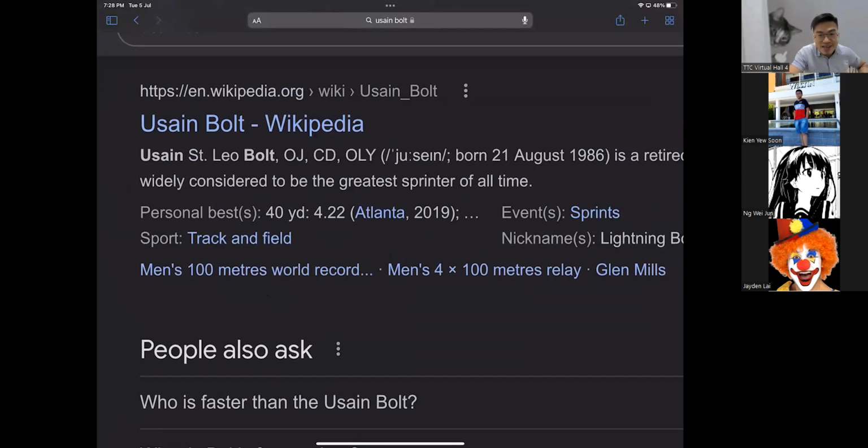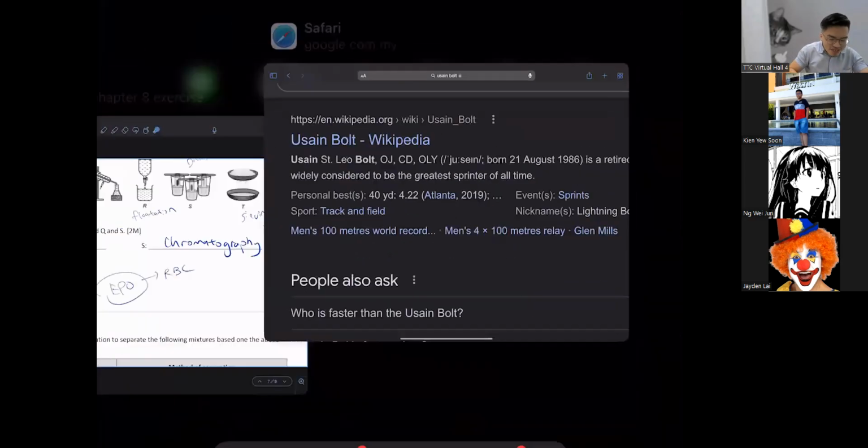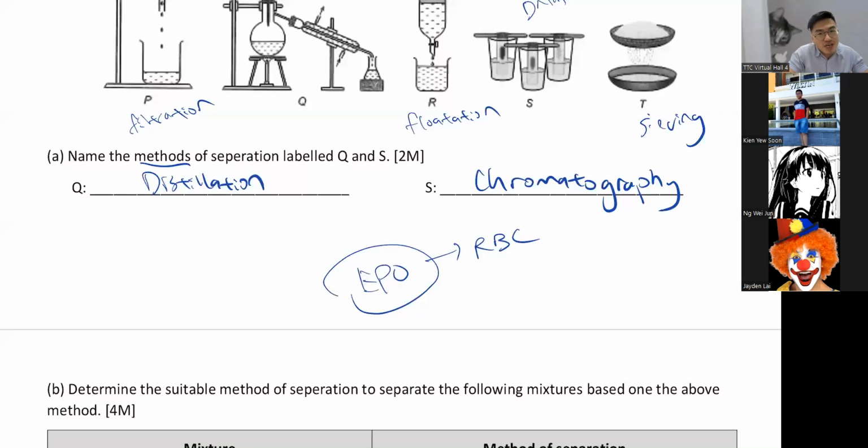Bolt is thunderbolt, 闪电. So his Chinese nickname is 闪电波特, 闪电 as in lightning. That's how good he is. You might say, sir, then can I be Usain Bolt? Trust me lah. No matter how hard you train, you will not be Usain Bolt because this is talent.